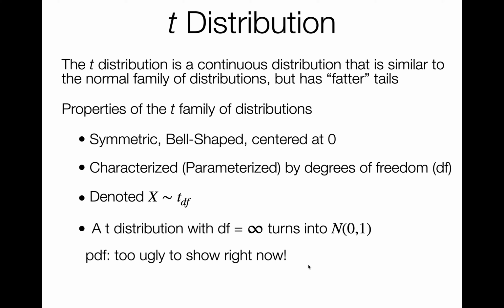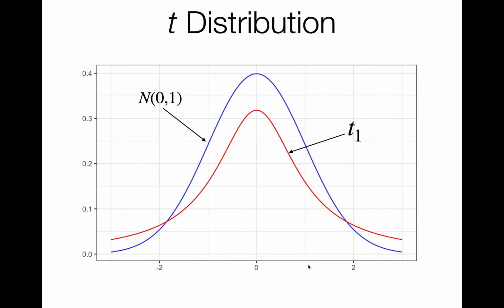We denote the t distribution with a lowercase t, and in the subscript it has its parameter, degrees of freedom. An important thing to keep in mind is that as the degrees of freedom gets really large, it starts to look like a standard normal distribution. It has a functional form, but it's ugly, and we don't need to look at it right now because it doesn't do us any good.